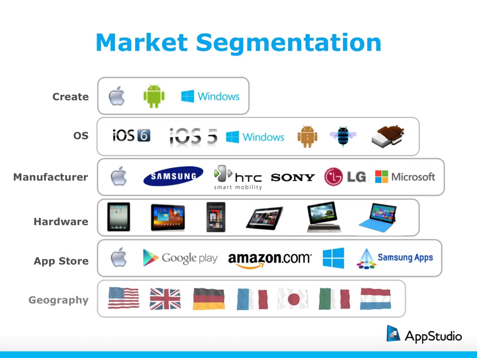And when you look at the platforms and you look at the manufacturers and the hardware, and even how those apps are distributed through the different app stores and then across different countries in the world, hopefully you'll get a feel for the challenge of the fragmentation in the market and the segmentation within the market, and it's something to definitely bear in mind. Of course, all this represents opportunity as well.